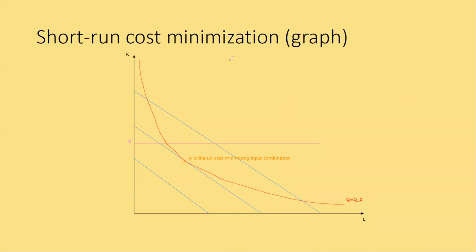So this point B is the intersection of our isoquant and the curve at K equals K bar. And it is the short run cost minimizing input.